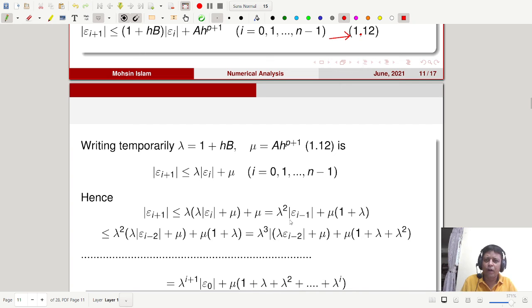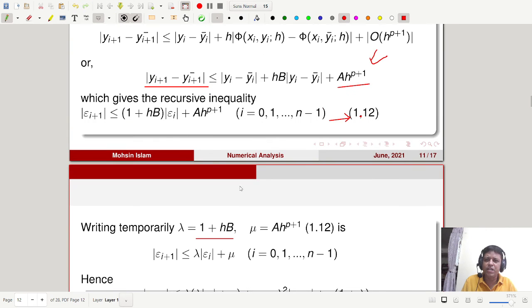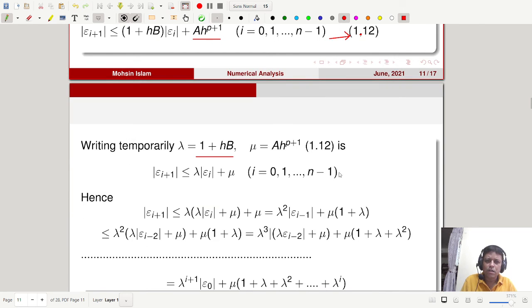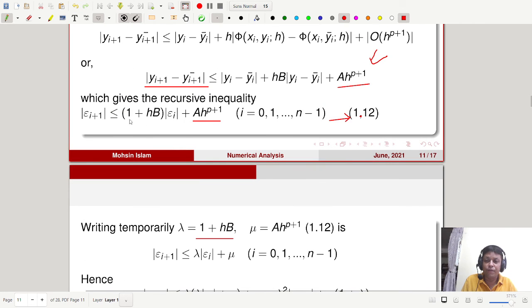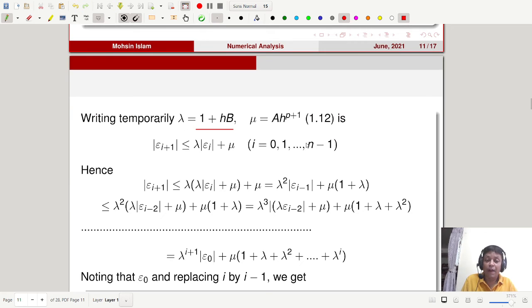Now, temporarily, 1 plus hB is a constant, let it be lambda, and A h to the power p plus 1 be mu. So modulus of epsilon_{i+1} is less than or equal to lambda mod epsilon_i plus mu. Hence, what I'm doing is successively substituting values.